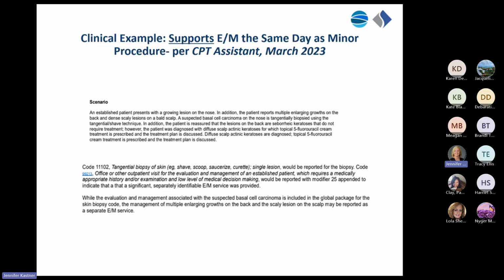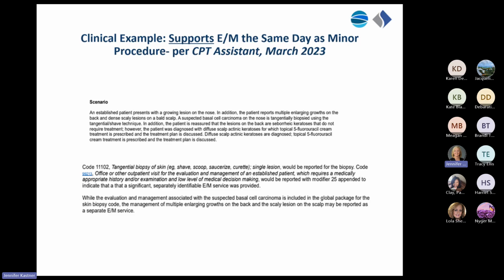The patient is reassured that the lesions on the back are seborrheic keratosis that do not require treatment. However, the patient was diagnosed with diffuse scalp actinic keratosis, for which a cream was prescribed, and a treatment plan was discussed.